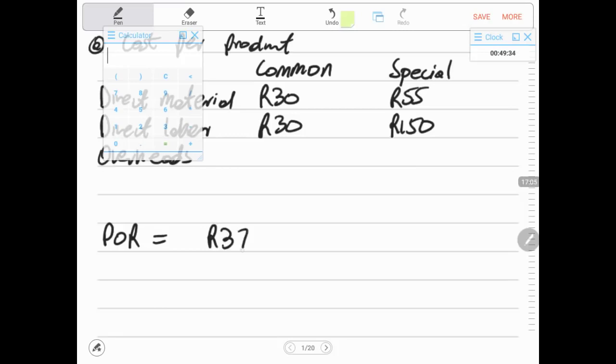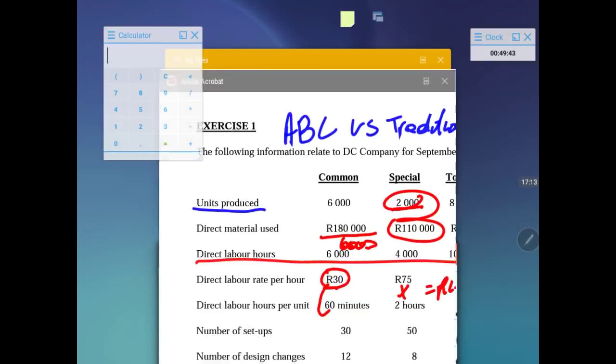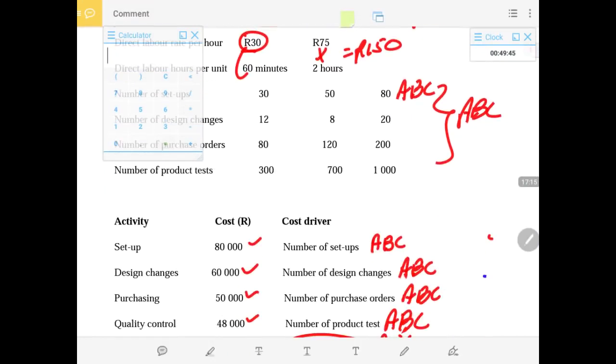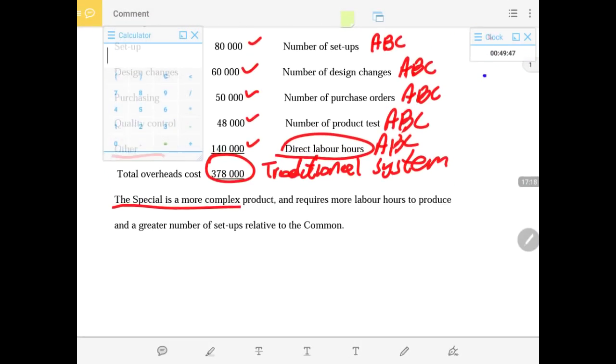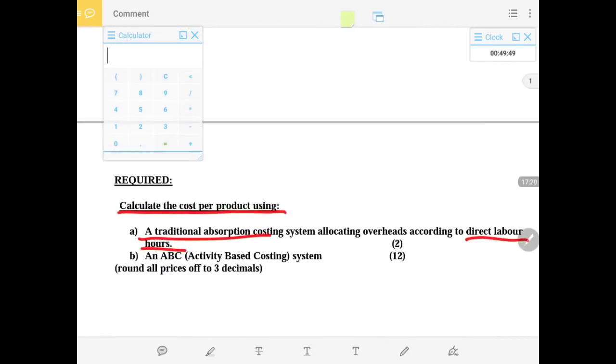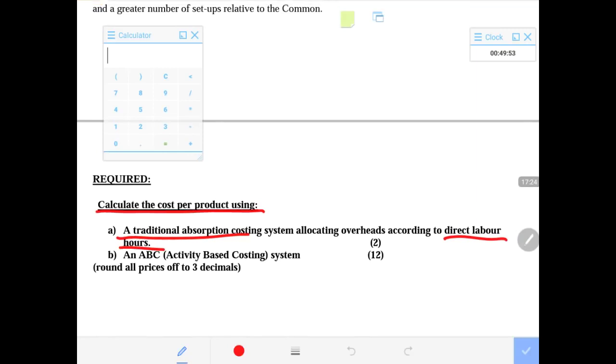POR is budgeted manufacturing overheads divided by budgeted base. And remember, we were required to calculate our cost per unit using the traditional method under the assumption that the direct labor is the base of allocating our manufacturing overheads.